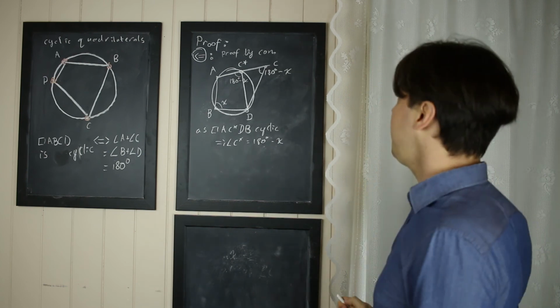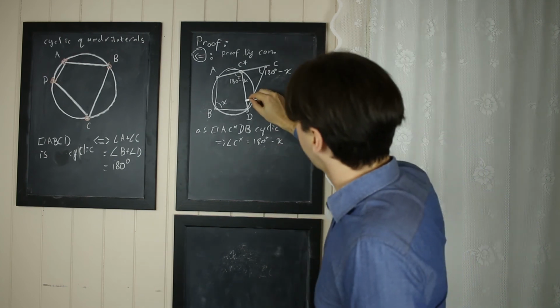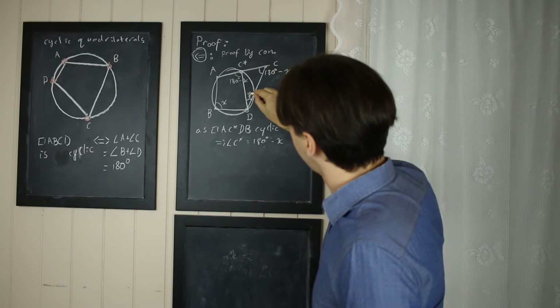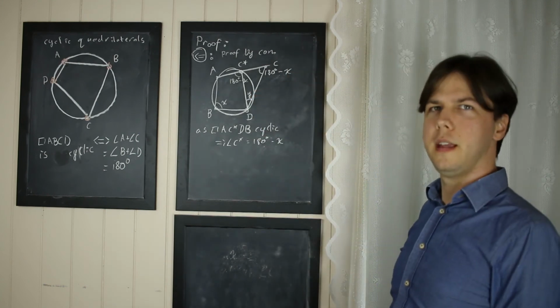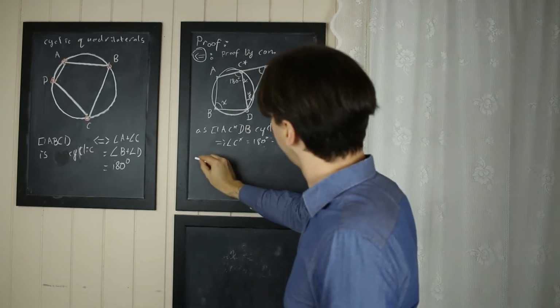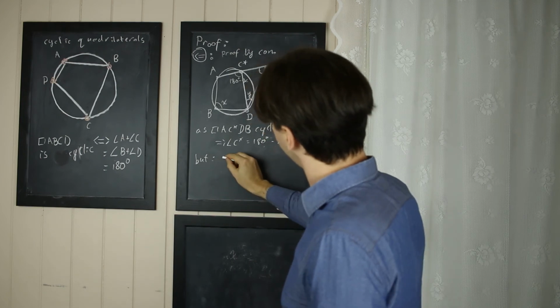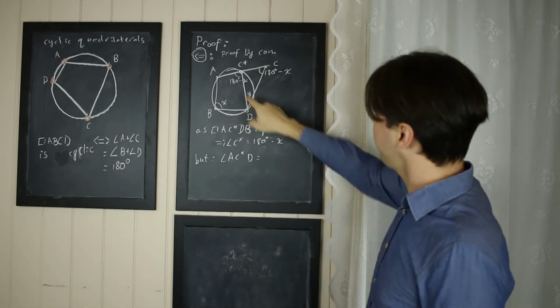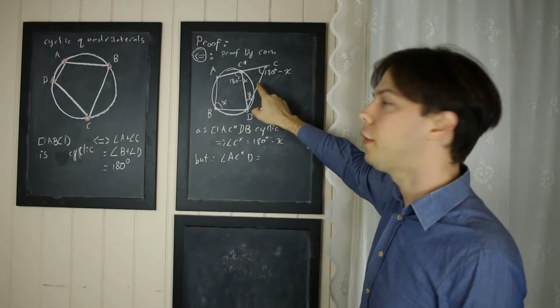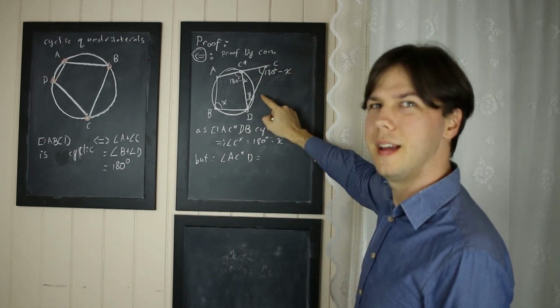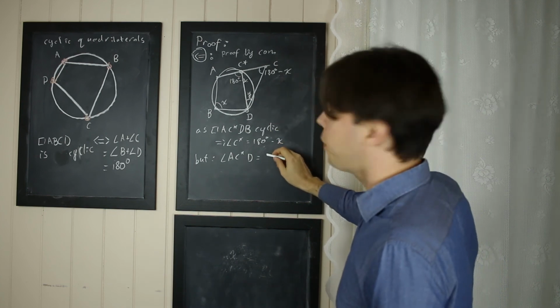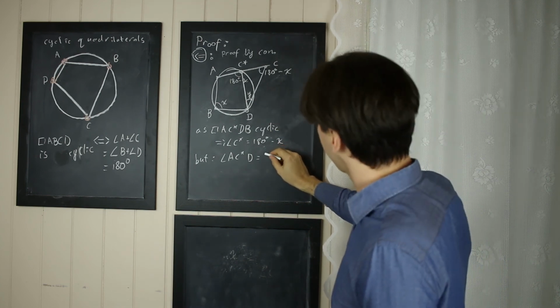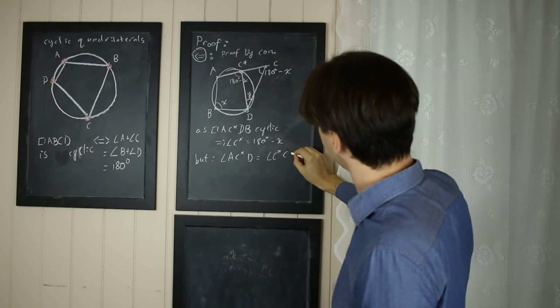But here is the, so I'm just going to call this angle y. We don't know what it is. Here's the contradiction. This angle here is external to this triangle that I've made out here, so it has to be equal to the sum of the internal angles.